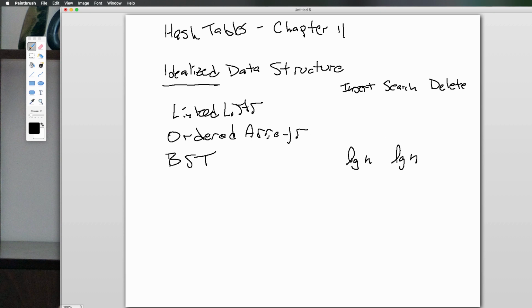If we had an ordered array, insertion in the worst case could be of order n, and searching could be of order n. Linked lists depended upon whether they were ordered or not. But again, we keep seeing numbers like order n, order log n. And computer scientists sit around and go, well, can we do any better than these numbers?